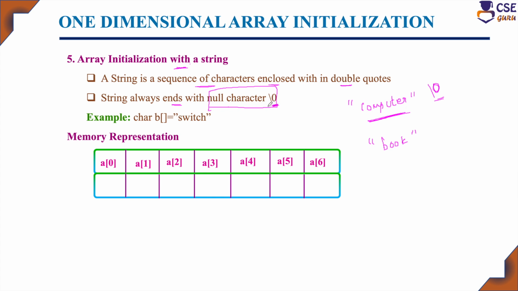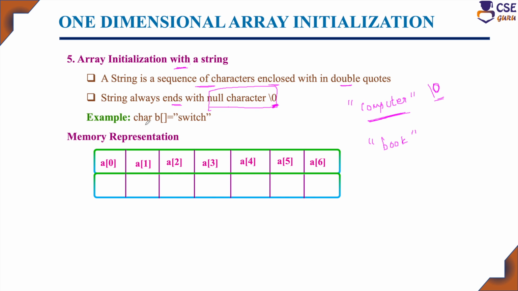If you don't allocate it, automatically the last memory location will be taken, whether the size is there or not. In that allocated size, it will take the last memory location to store the null character by default. It is not required for the user to specify and store it; by default it will occupy \0.